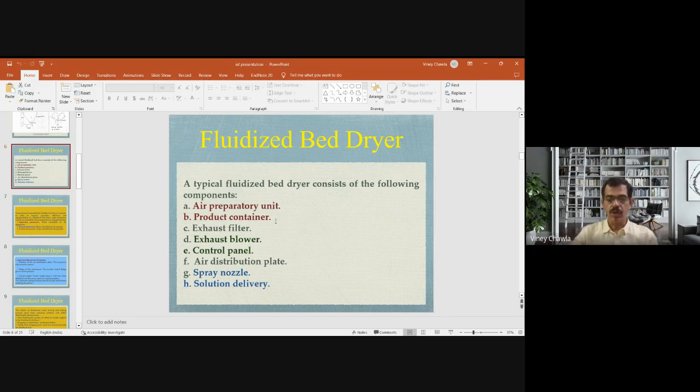There is a control panel. Now, next is air distribution plate. The purpose of this air distribution plate is that it tries to recirculate part of the heated air and mixes it with the fresh air in order to achieve maximum heat efficiency. There is a spray nozzle and solution delivery, which is optional in certain cases.